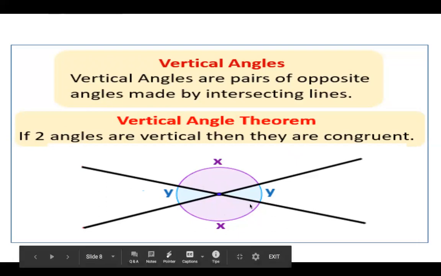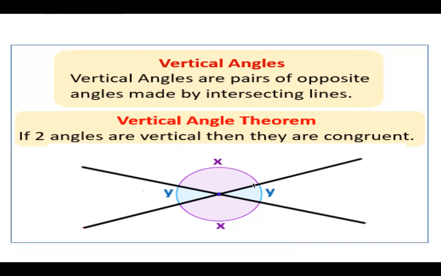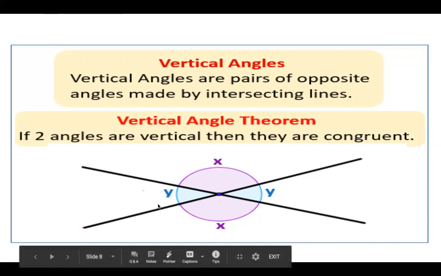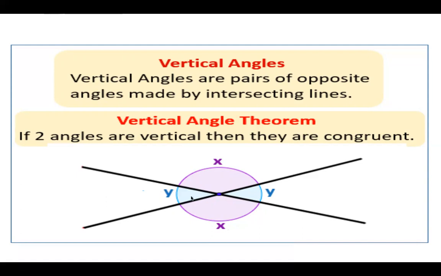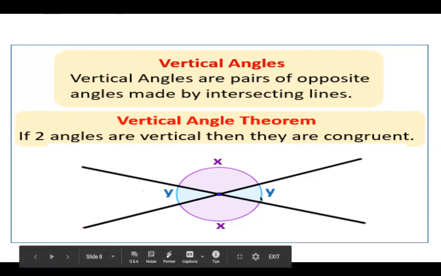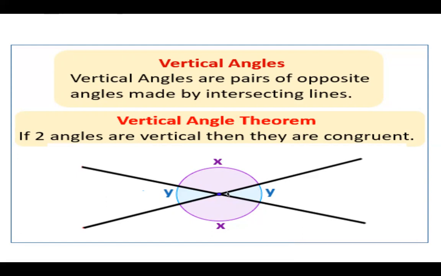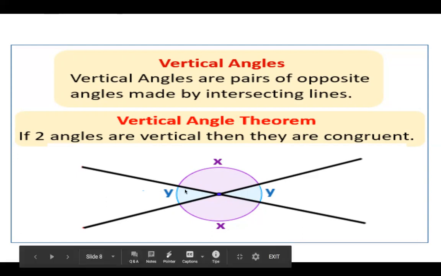If you cut this angle and put it in here, it will fit exactly. Same thing with Y: two lines intersecting, these two are opposite angles, and they are congruent. If you cut this angle and put it on top of the other, it will fit exactly, which is called congruent.